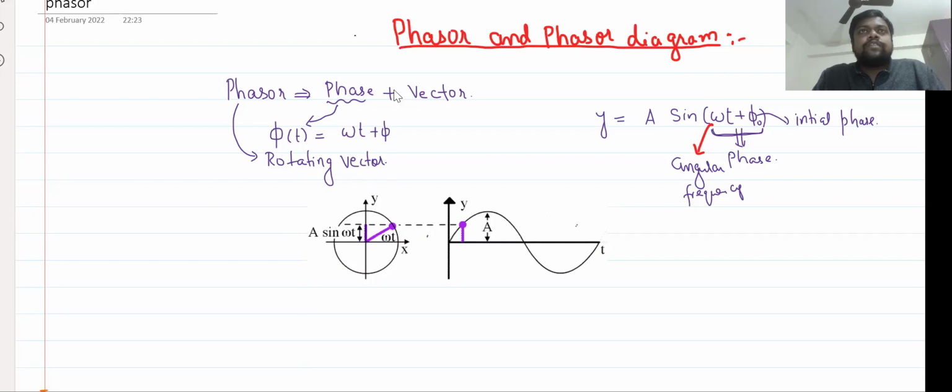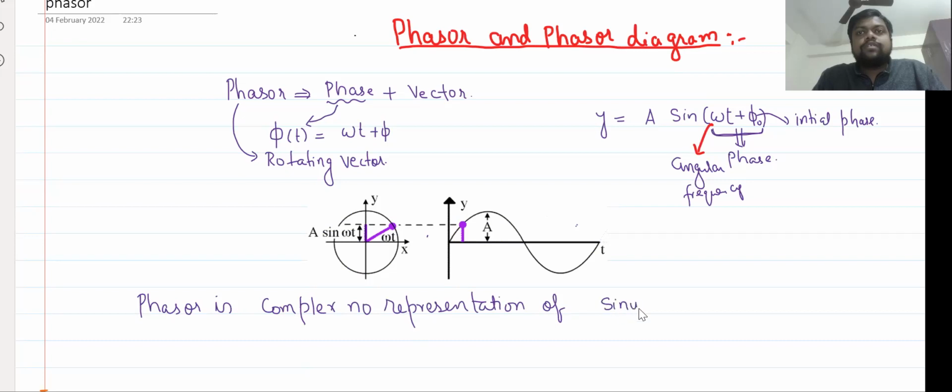So phasor definition, if you want to see, basically phasor is a complex number representation of sinusoidal function.